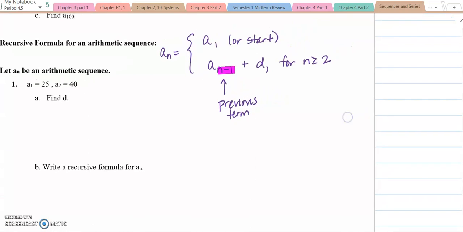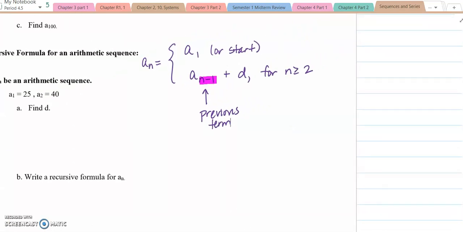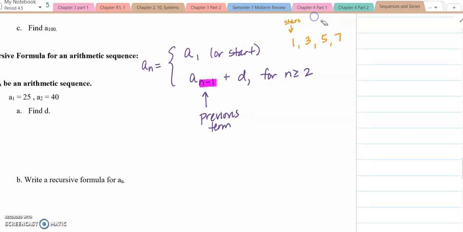So before we move on to another sequence, let's understand from a basic sequence. Let's take 1, 3, 5, and 7. I would say that this is the start. I would say that my common difference is always plus 2 to go between terms. So d equals positive 2.